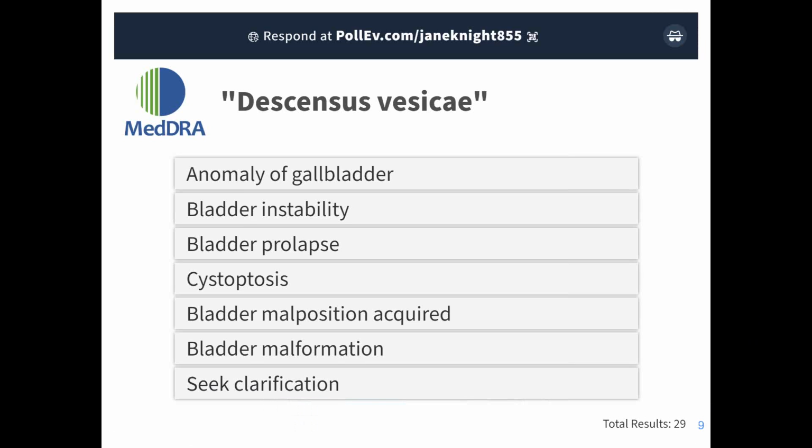Both are derived from Latin, so it is a Latin medical term.